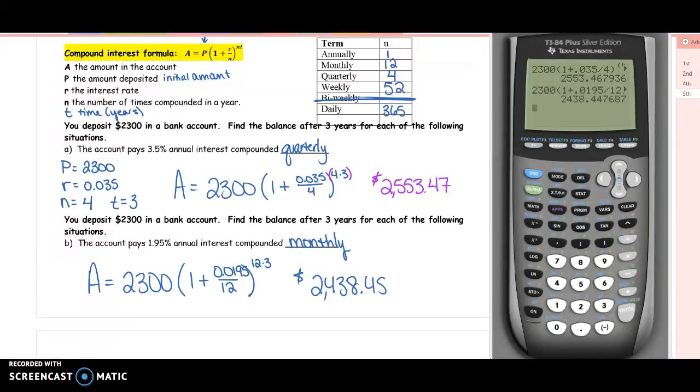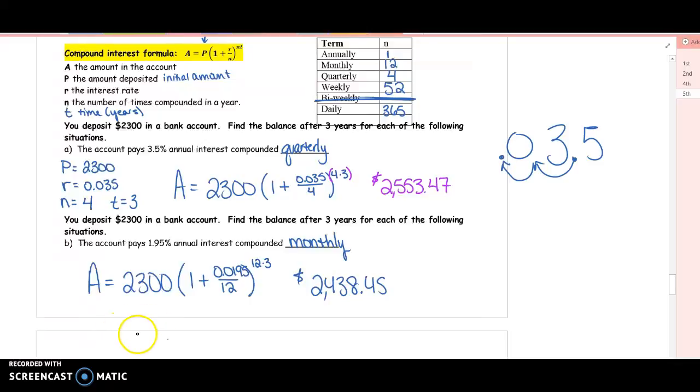Your assignment today is on page 300. Numbers 9 through 17 odd. And the reason I'm including this on the video is I want to make sure everyone hears these directions.